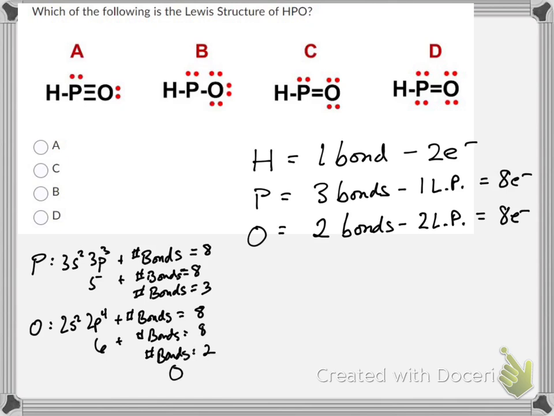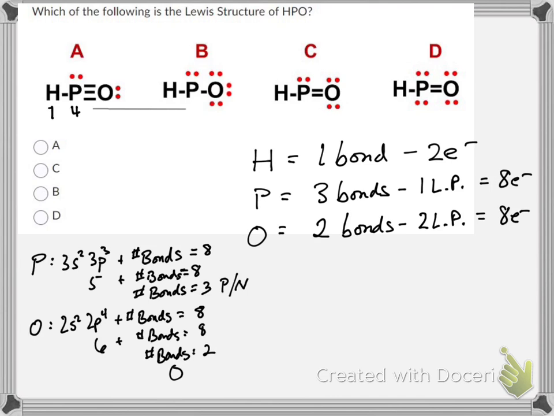That's for oxygen, and that's for phosphorus and nitrogen, right? They're the same. And so now when we look at these molecules, representations of the Lewis structure, we're going to do it through that lens. We want to make sure phosphorus has 3 bonds and a lone pair, and oxygen has 2 bonds and 2 lone pairs. So let's start looking at these options.